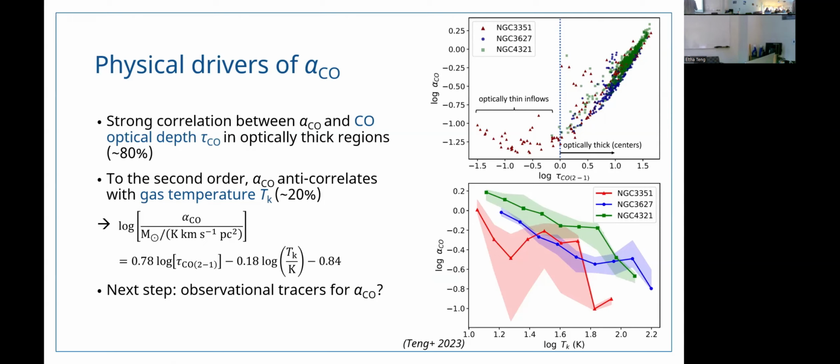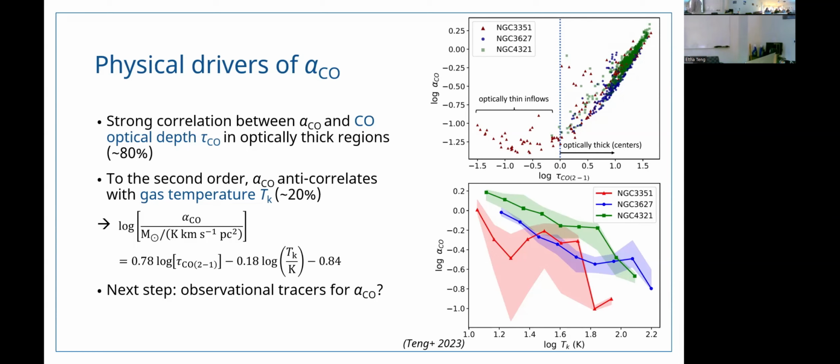But you can also see that, to the second order, alpha CO also decreases with the gas kinetic temperature. This also makes sense because higher temperature would also increase the CO emission and decrease alpha CO. But one thing that is clear from these plots is that the scatter in the temperature relation is much larger than the scatter in the optical depth relation. So it's clear that these optical depth effects are more dominant in driving alpha CO variation in these regions.